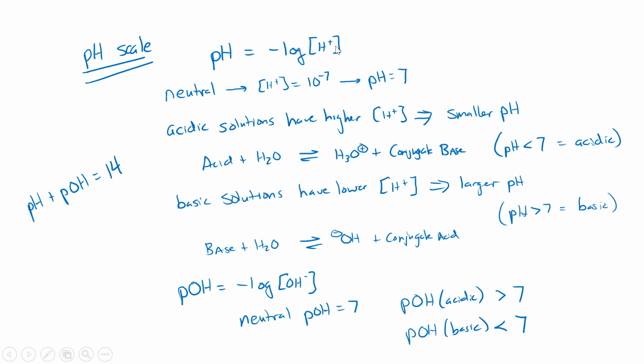Because if we take the negative log of H plus and add the negative log of OH minus to it, what we're really going to end up doing is taking the negative log of H plus times OH minus. And we know what H plus times OH minus is, 10 to the negative 14th, and the negative log of that is going to be 14. So this is another one of those things that's always true, and the reason it's always true is because of Kw.